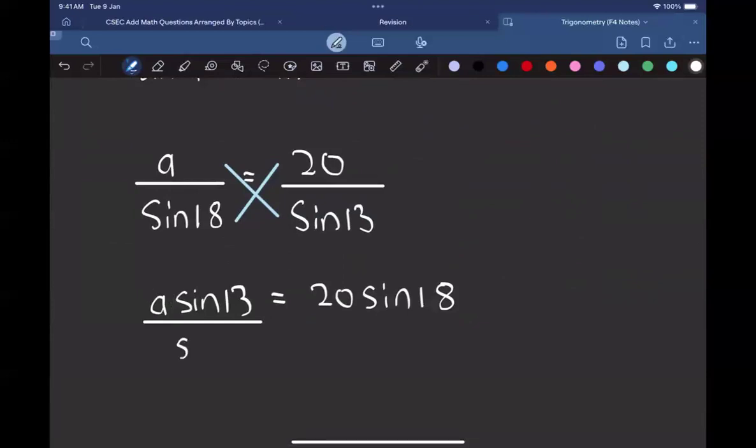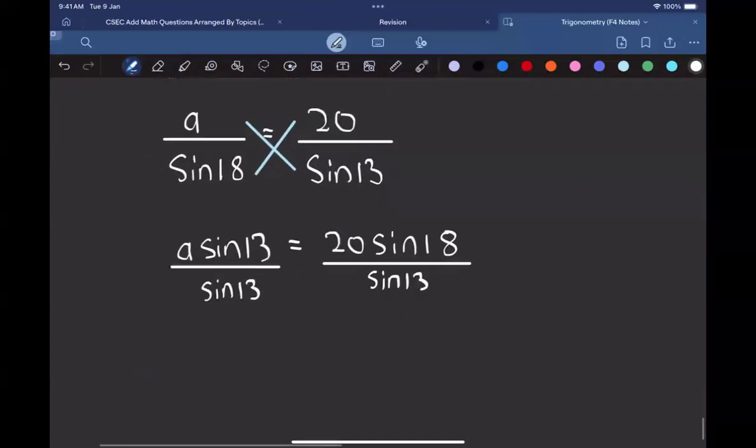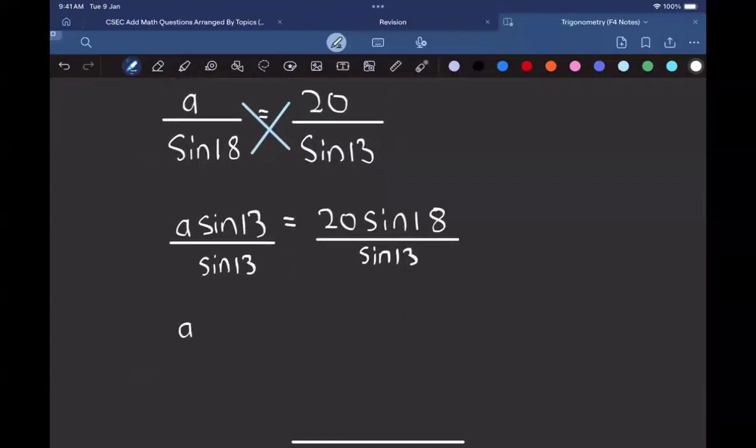So I could divide both sides by sine 13, and A will be equal to what? I get 27.47. That's correct.